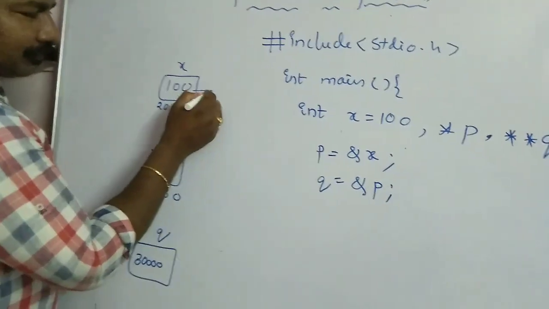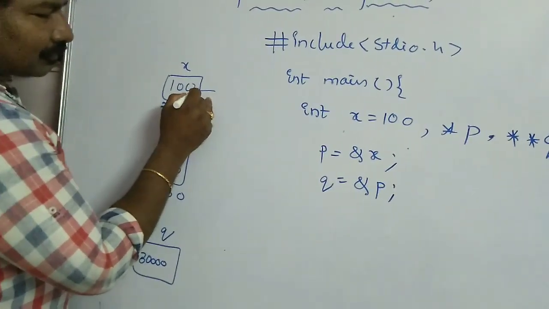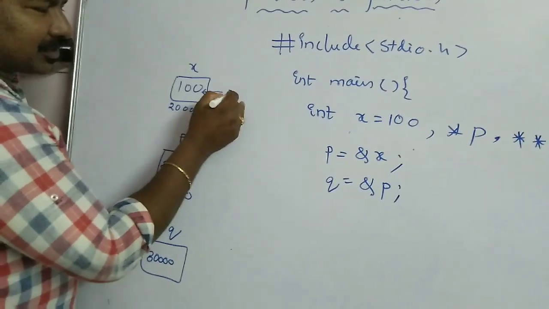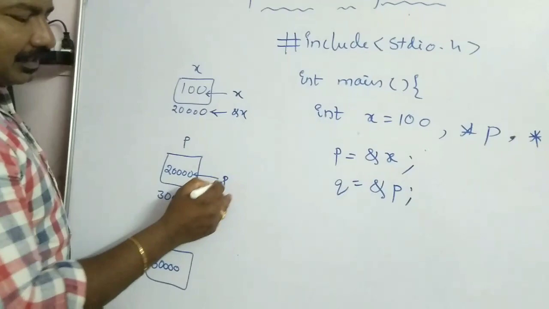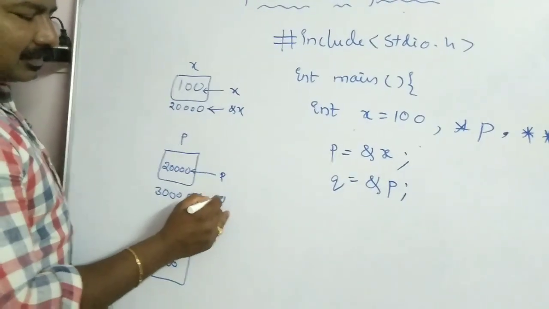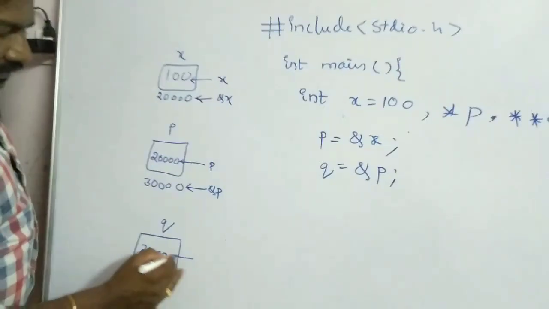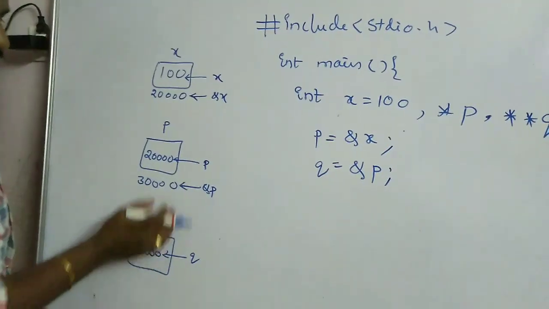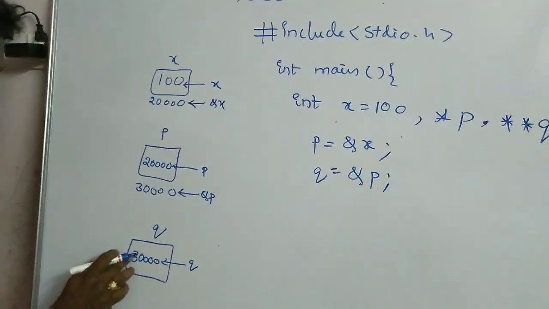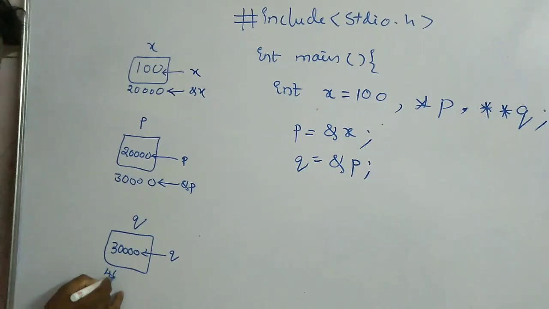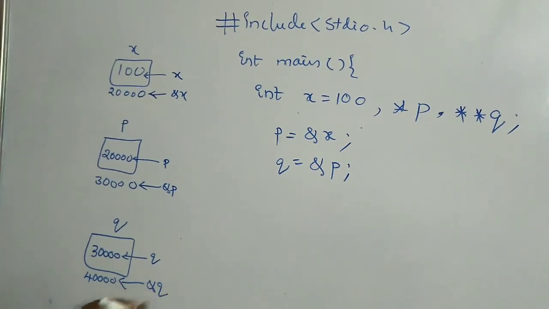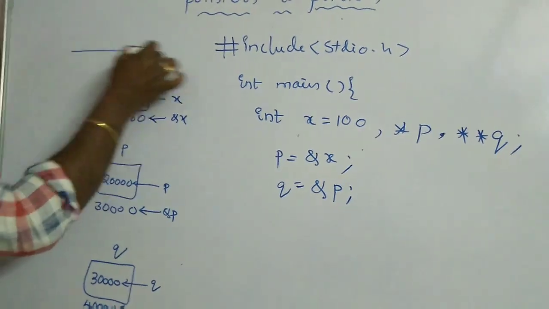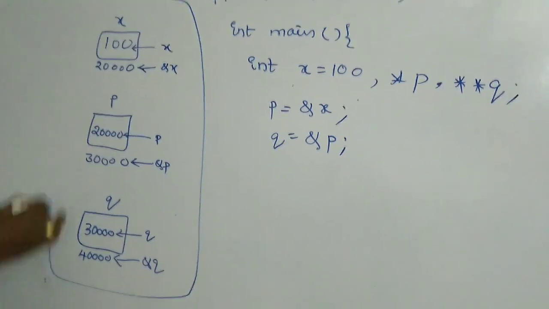For your convenience, I am writing the names: x, &x, and this is p, and this is the address of p, and this is q, and like any pointer variable, it also has some address. I'm assuming it as 40,000. So this is &q. This is a small memory layout.